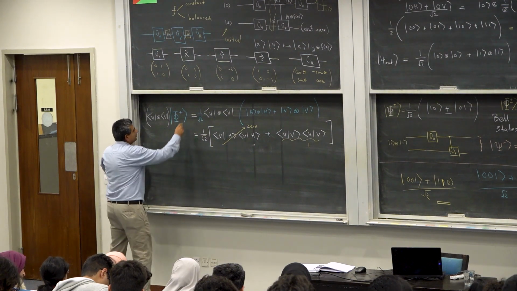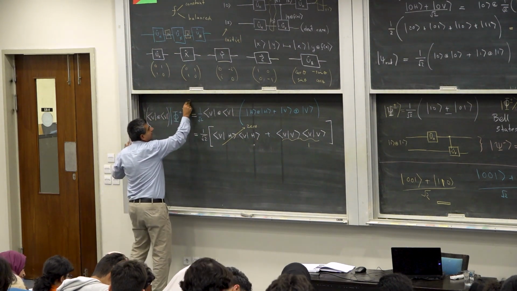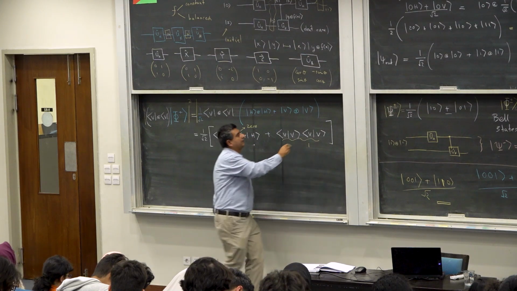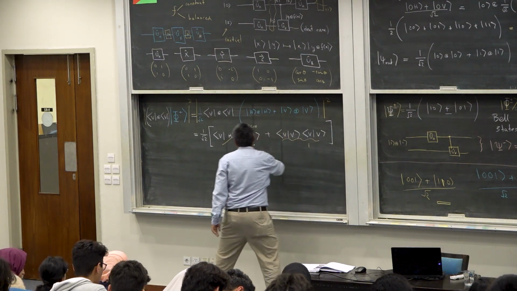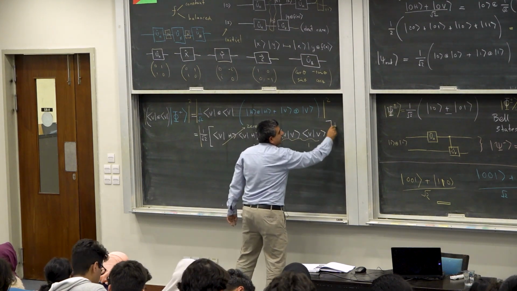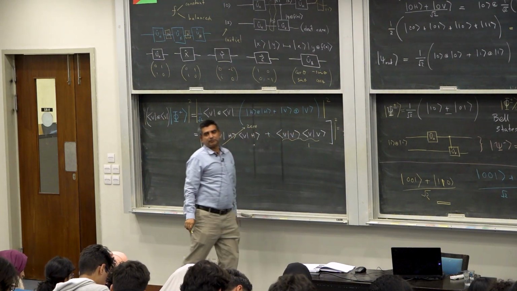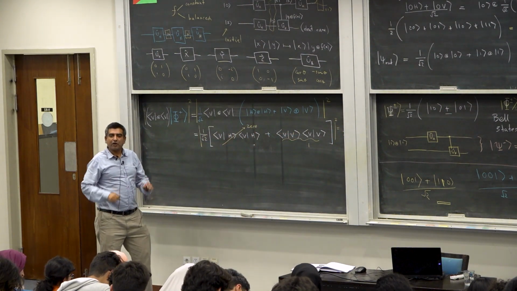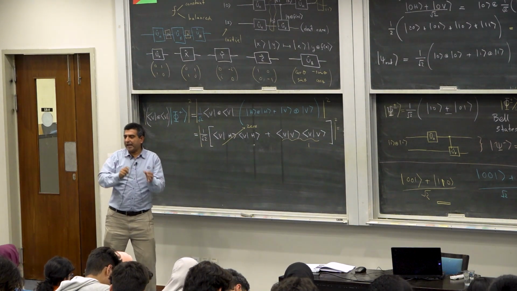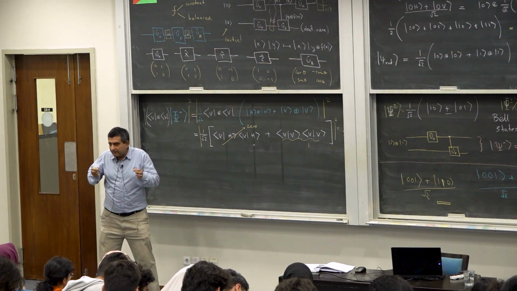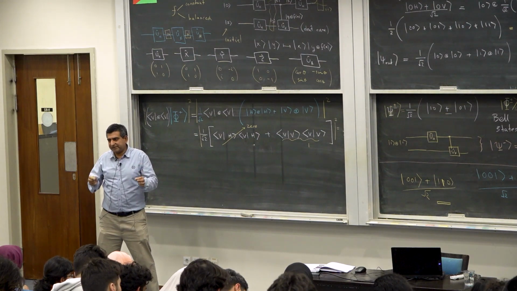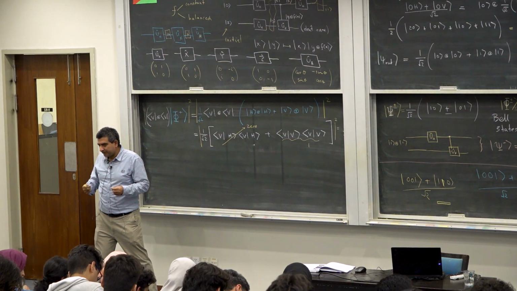So if I then take the modulus square of this, I'll get 1/2. So half of the times both Alice and Bob measure V, vertically polarized states for their respective photons.